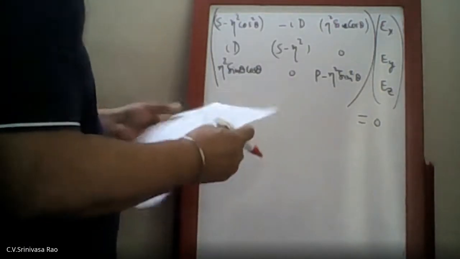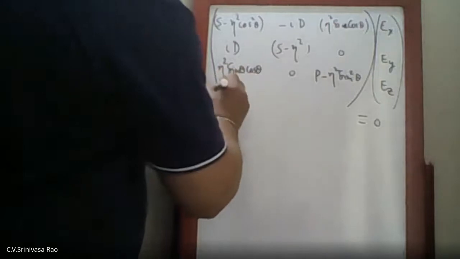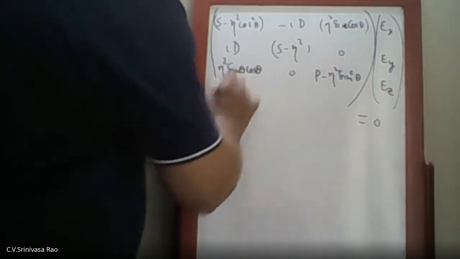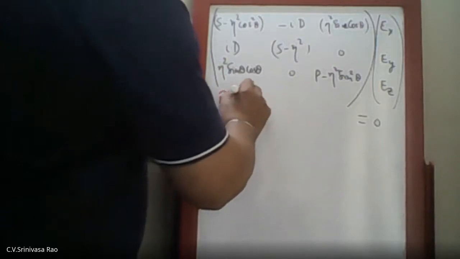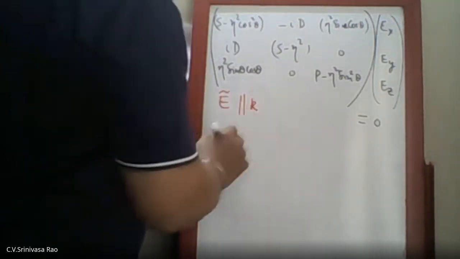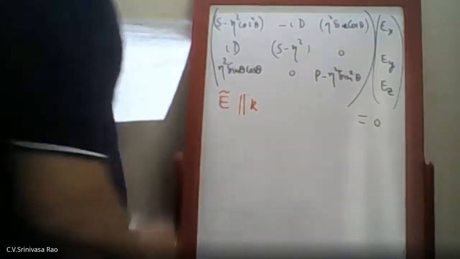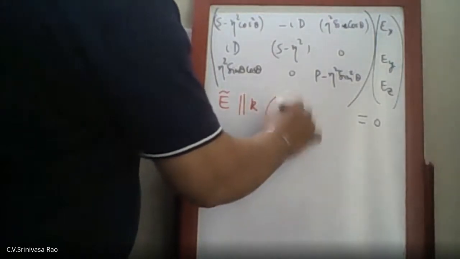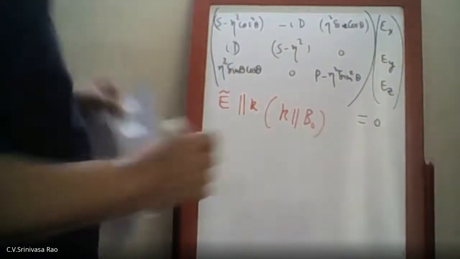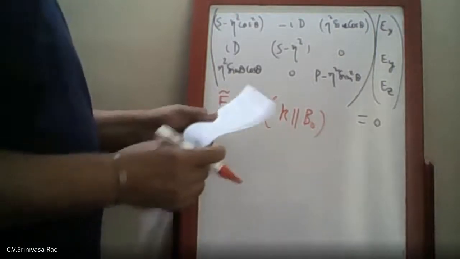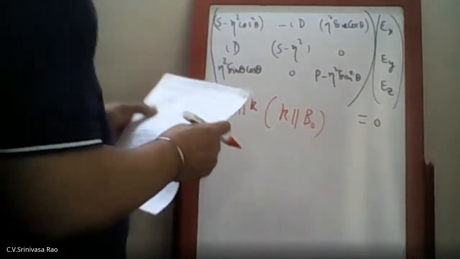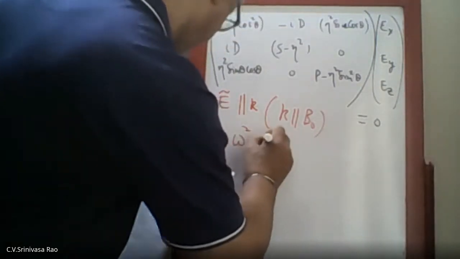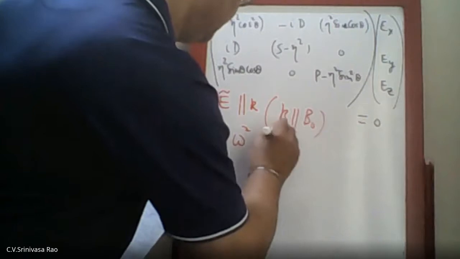The first wave was basically where the wave vector is along the field line, along the propagation, which is again parallel to the wave. So this was one of the waves, and the dispersion relation was basically omega square is equal to omega p square.